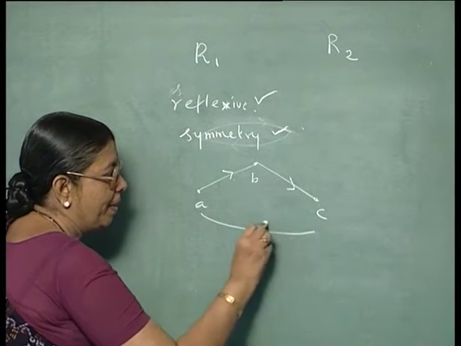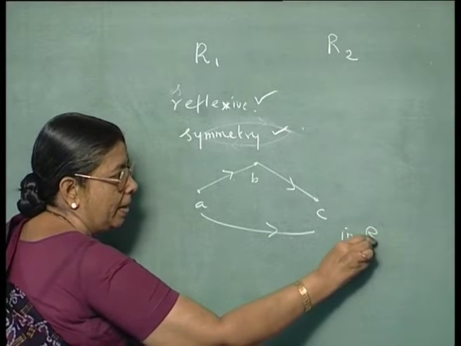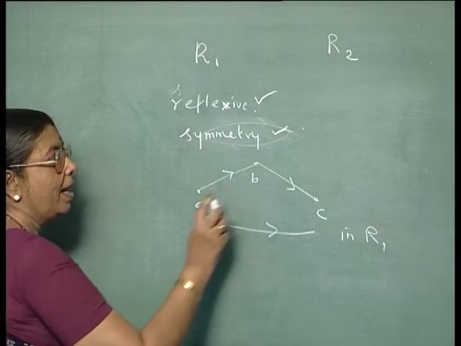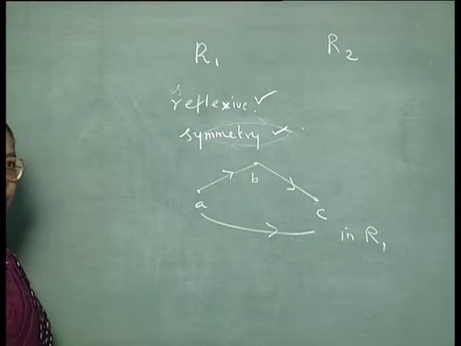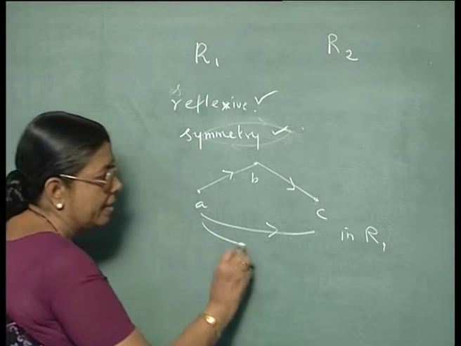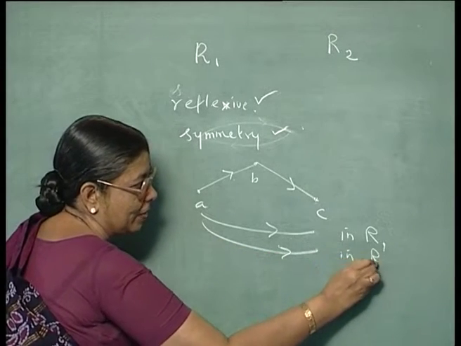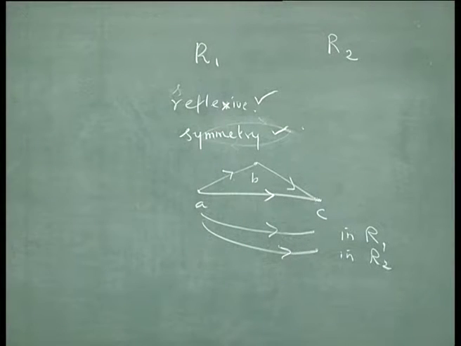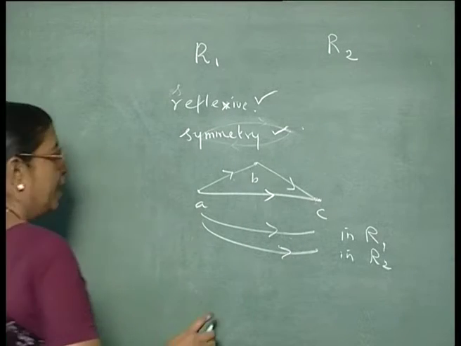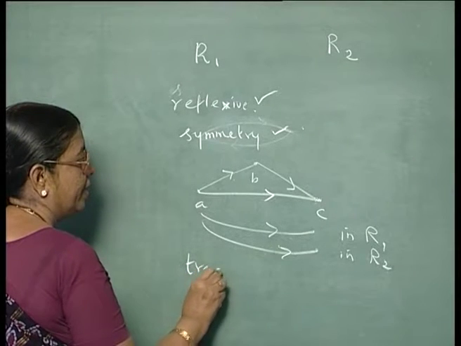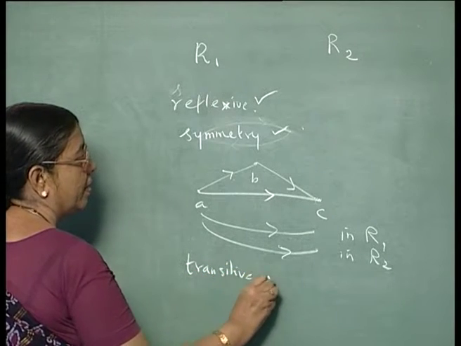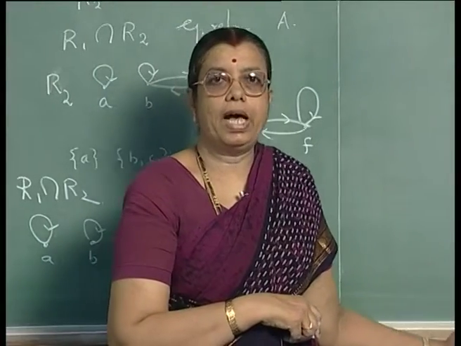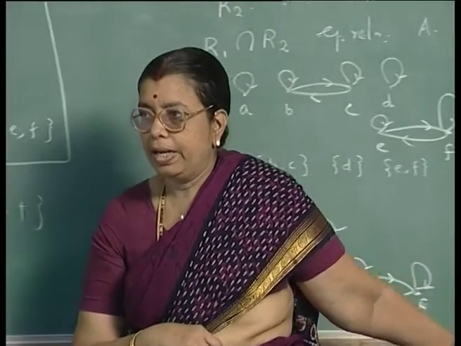So, AC will be present in R1. Similarly, because AB and BC are present in R2 and R2 is transitive, AC will be present in R2 also. So, such an arc will be present in R1 intersection R2. So, the transitive property is also satisfied. Since all these properties are satisfied, R1 intersection R2 is an equivalence relation.